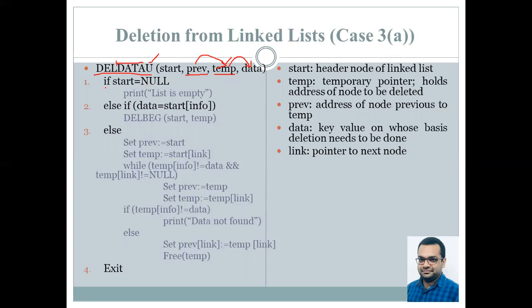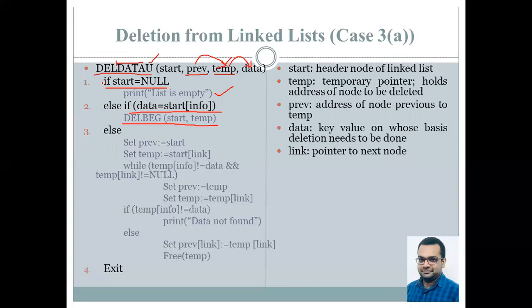So we're going to check if the start value is null. If so, we print that the list is empty, and we exit out of the program. In case the data value is found to exist in the first node, then data will be equal to the start info, and we call the delete beginning procedure, which we have already discussed.